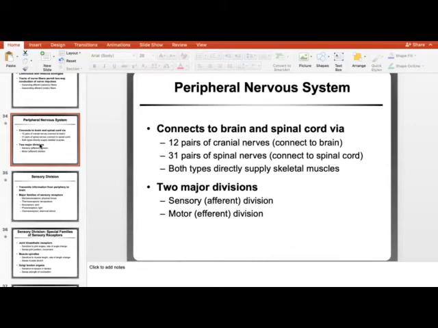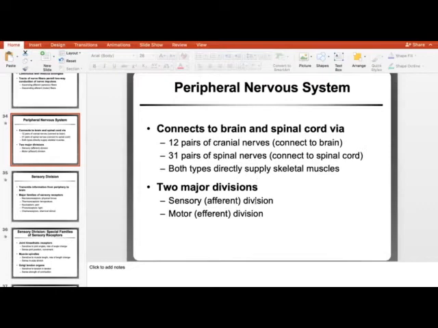All right, your peripheral nervous system is the nerves of your arms and legs and your organs, and there are a number of different connections to the brain. For the most part, these cranial nerves and spinal nerves are going to distribute electrical signals and action potentials to skeletal muscles.